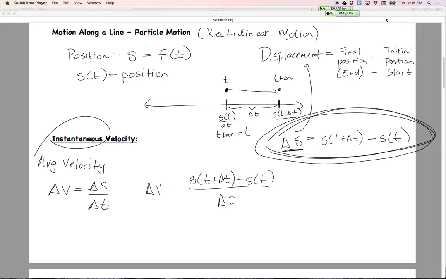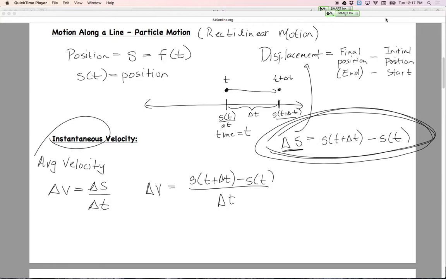No, not the derivative yet. It's not the slope of the tangent yet. It's the slope of the secant. Look at it. Our slope of the secant was f of x plus h minus f of x over h. The only problem is h is not h anymore. H is delta t.